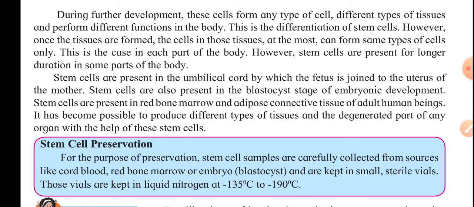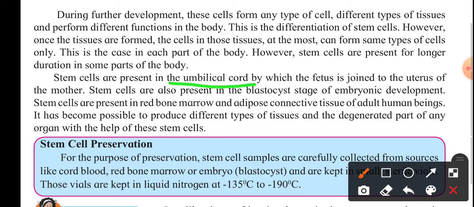However, stem cells are present for longer duration in some parts of the body. Stem cells are present in the umbilical cord by which the fetus is joined to the uterus of the mother. Stem cells are also present in the blastocyst stage of embryonic development.